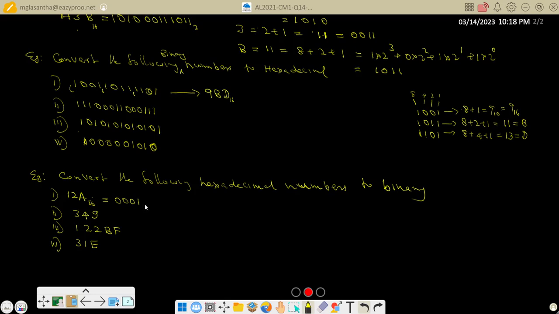What is 2? 2 is 0010. Right? What is A? A is 10. A equals 10. So this equals 8 plus 2.